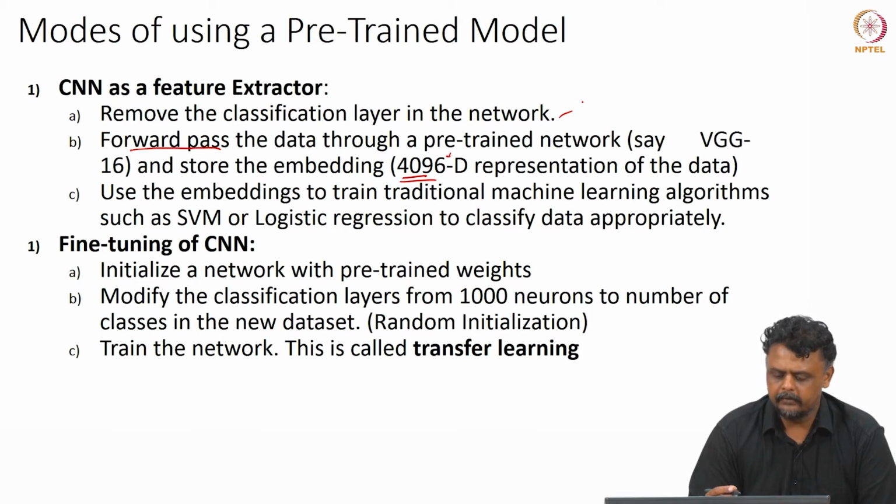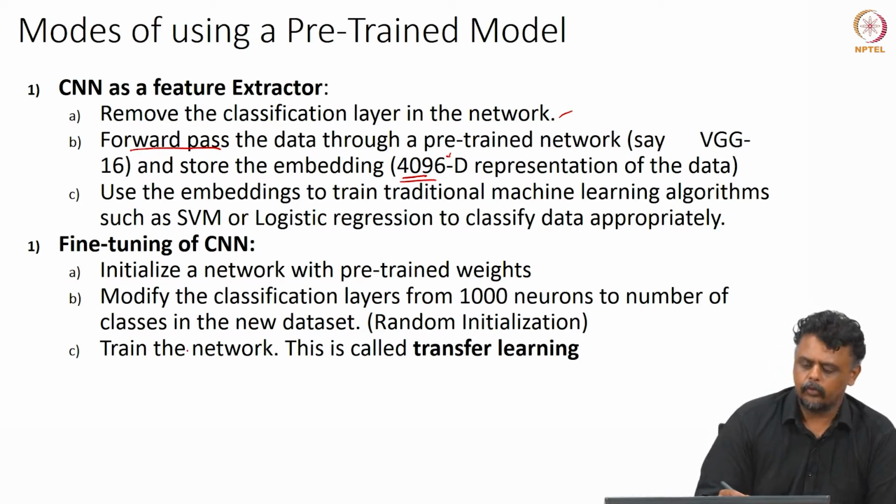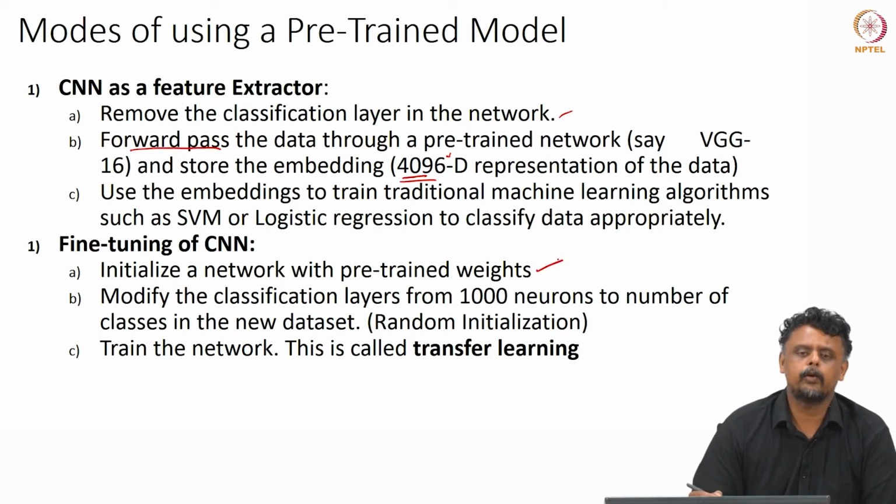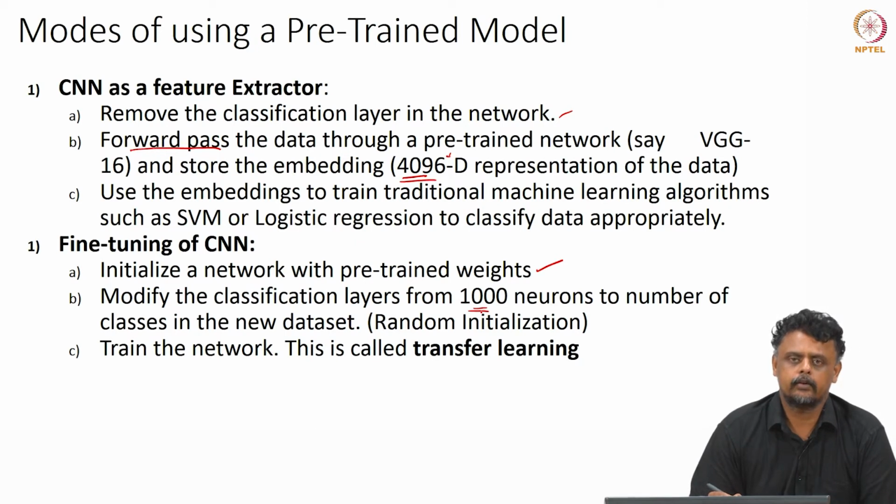or maybe you probably have a slightly larger data set. In that case, what you can do is take the network with pre-trained weights, modify the classification layers from 1000 neurons to the number of classes in your new data set that your task demands, and then train the network.